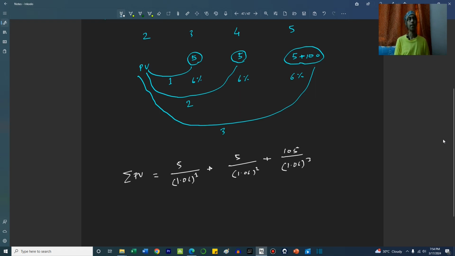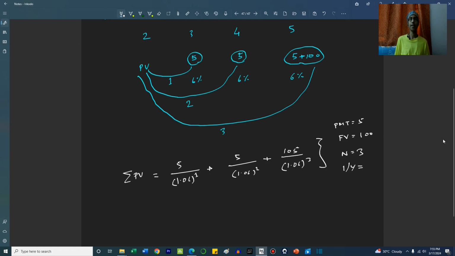Let's take out the calculators and find the value out. Now this, using your calculator, you can also find it in this way. The payment, the periodic payment, you can take as 5. The future value, that is the maturity payment, you can take as 100. The number of periods is 1, 2, 3. So n is equal to 3.